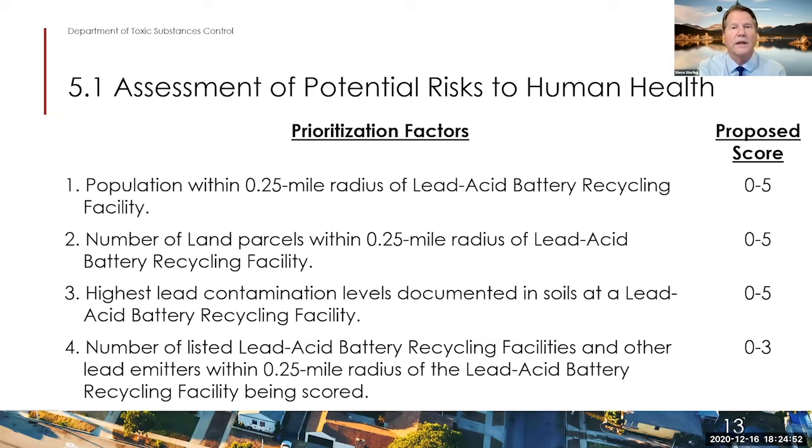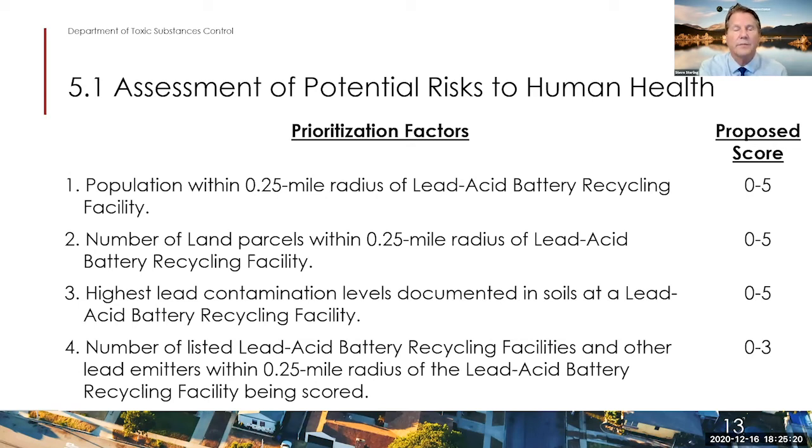The third factor is the documented highest lead contamination levels at the lead acid battery recycling facility being scored. The higher the level of contamination, the higher the score. The fourth factor includes the number of lead acid battery recycling facilities and other lead emitters within 1/4 mile of the lead acid battery recycling facility being scored.